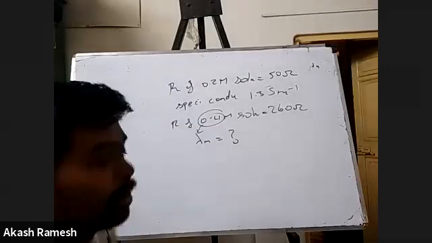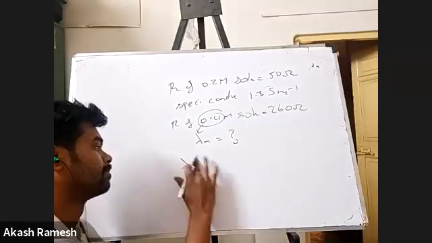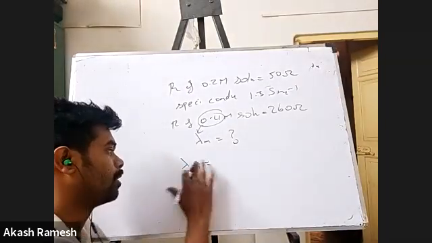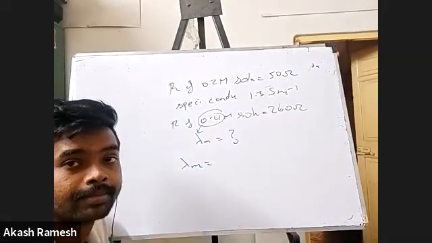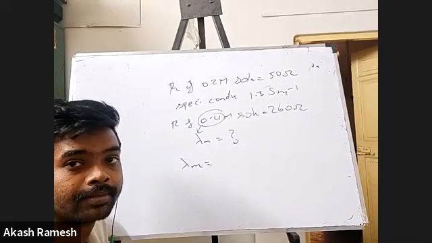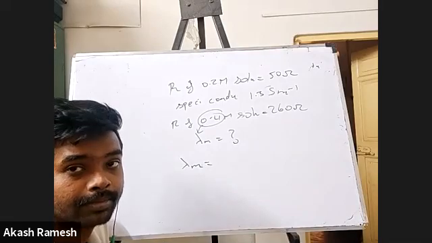What is the formula for molar conductivity? Lambda m is equal to K by C, conductivity divided by the concentration.